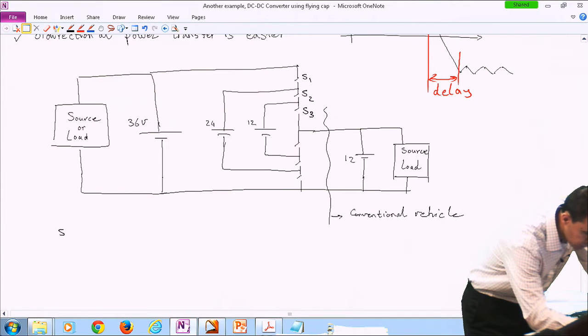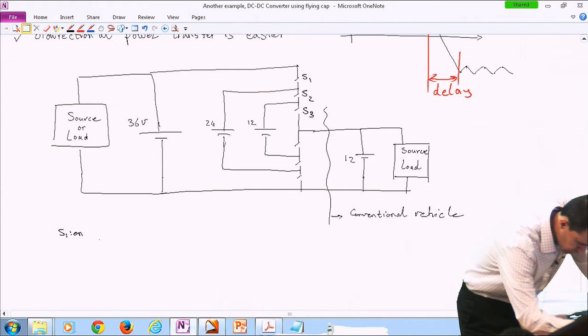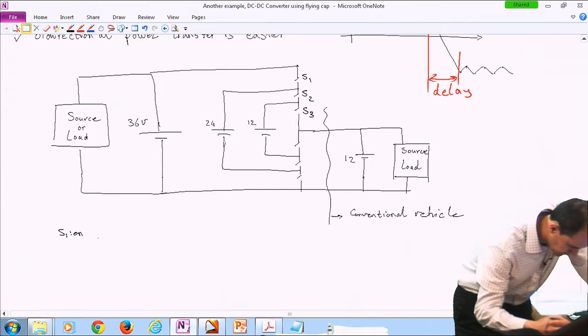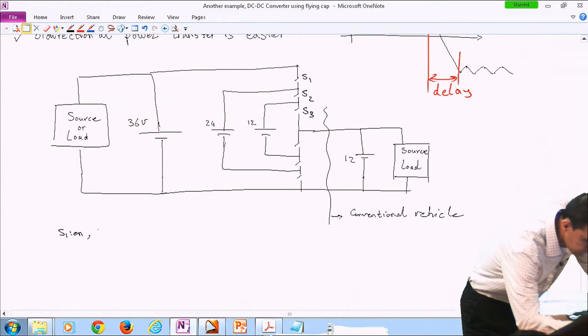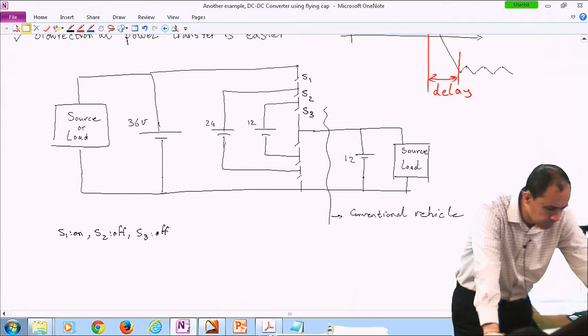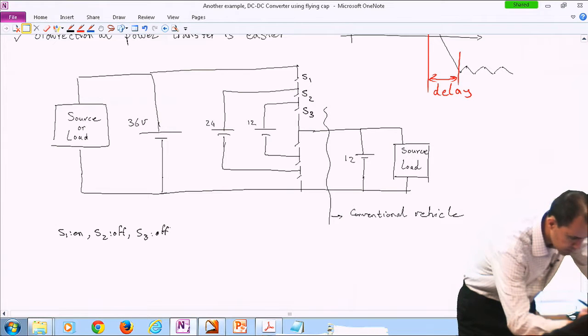Okay, S1 is on, S2 is on, S2 is off, and S3 is off. Then you have a system like this.